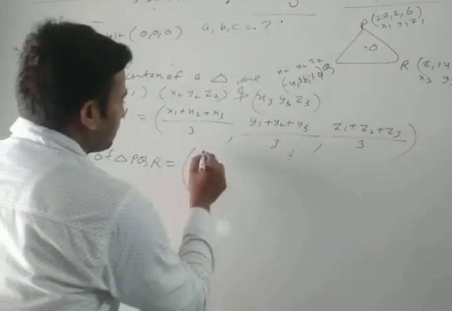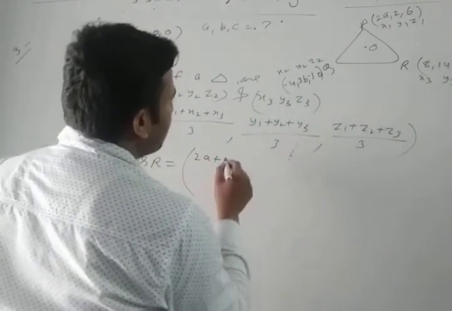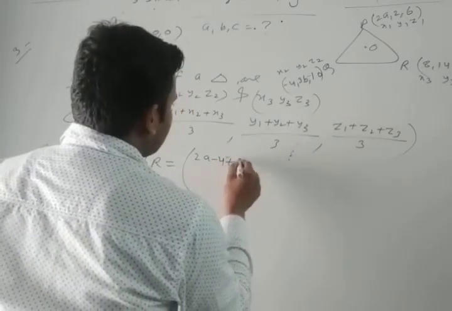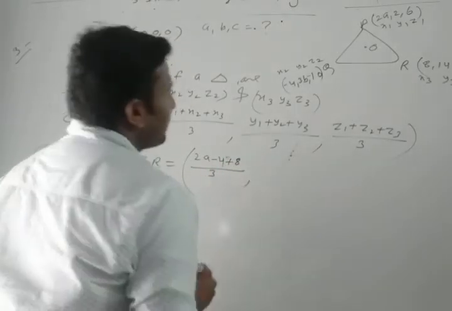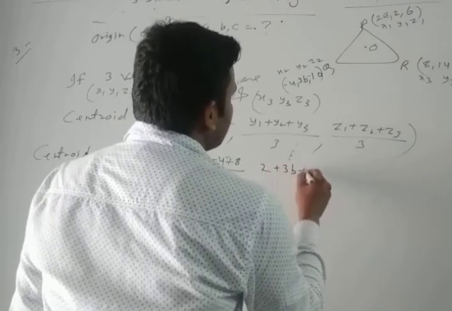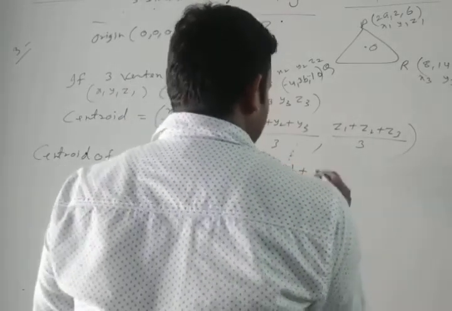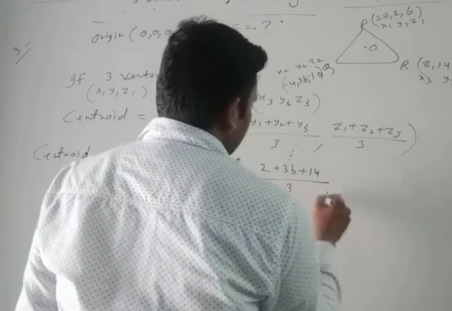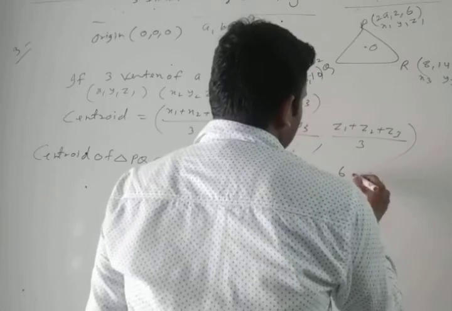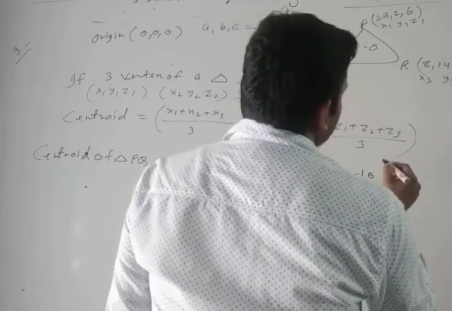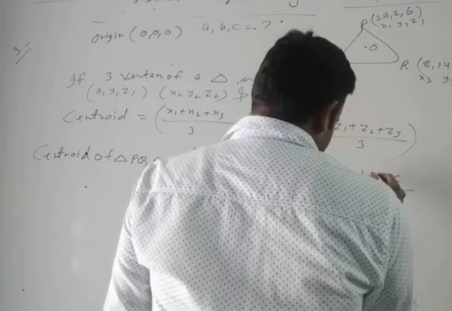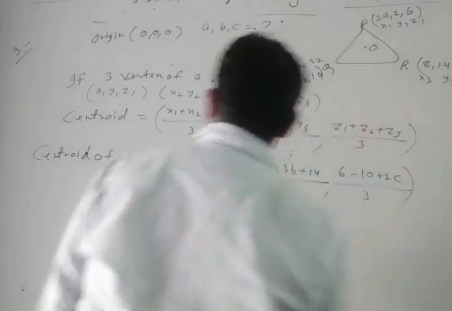Now x1 is 2a plus x2 minus 4, x3 plus 8 by 3, y1 is 2, y2 plus 3b, y3 is 14 by 3, and third, z1 plus 6 minus z2 plus z3 is 2c divided by 3.